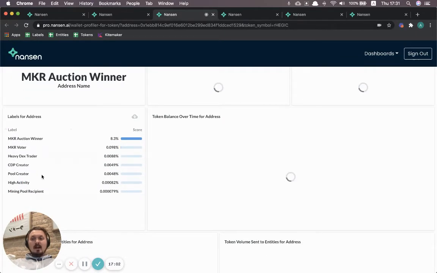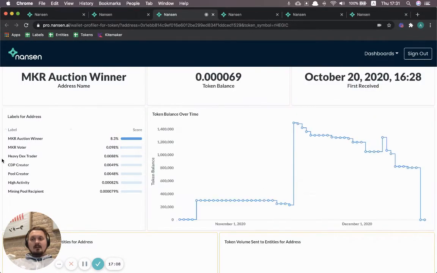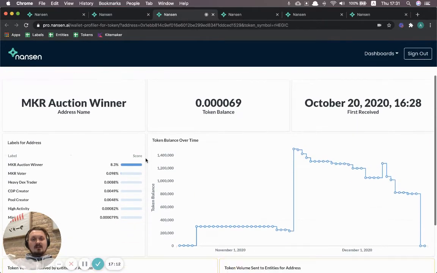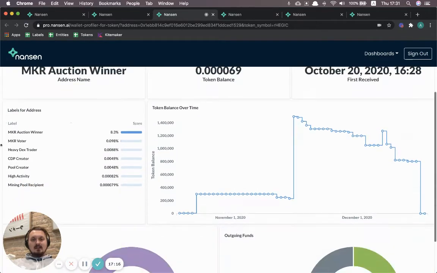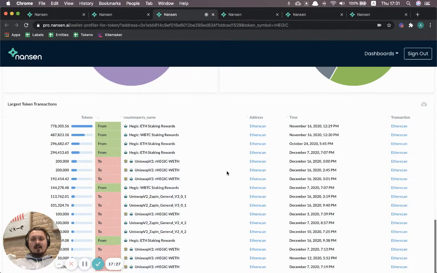It's a pool creator, so they've created Uniswap pools, as a heavy DEX trader, CDP creator, and so on. Okay, this looks sort of similar. Big claims and then gradual selling, but let's just confirm it by going down. So they got all their tokens from Hegic, and most of the tokens went to Uniswap, and some went to an unknown destination.